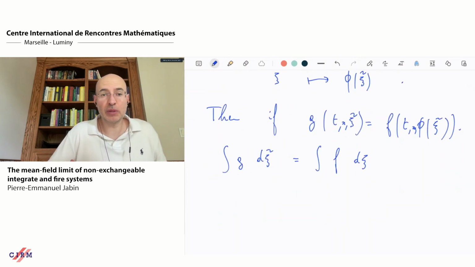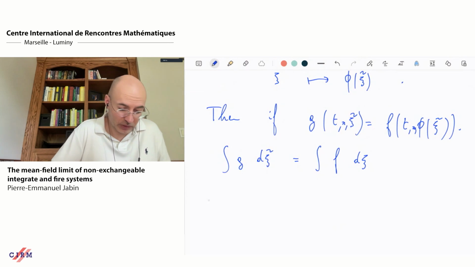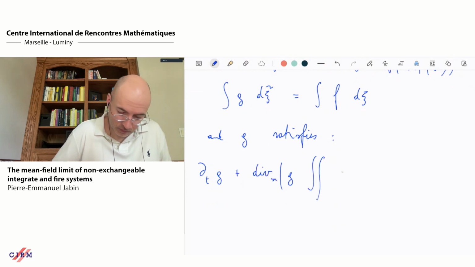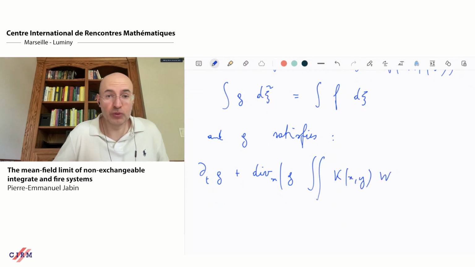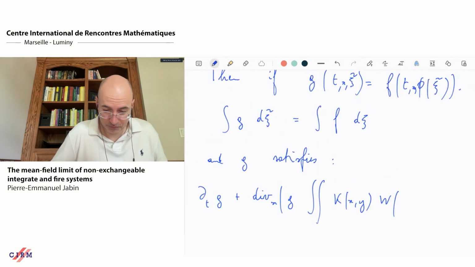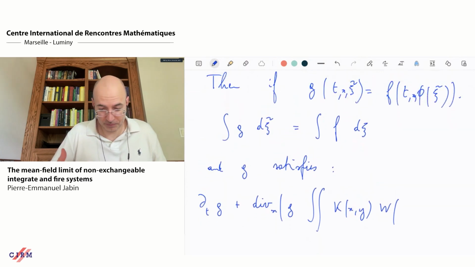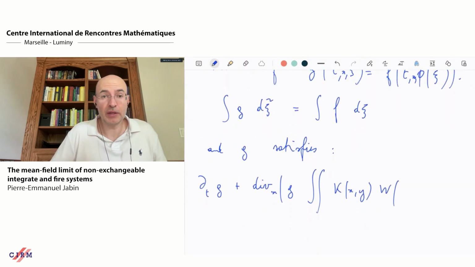And I can do the same change of variable in the equation. So G satisfies a similar Vlasov equation. So K doesn't change, W changes, right? Because now I have to use the phi.